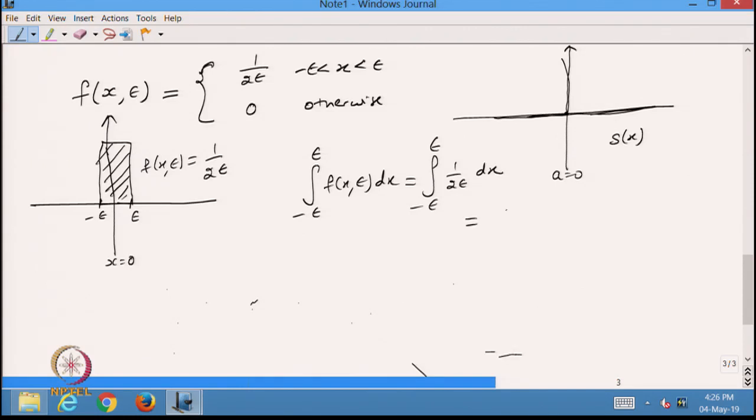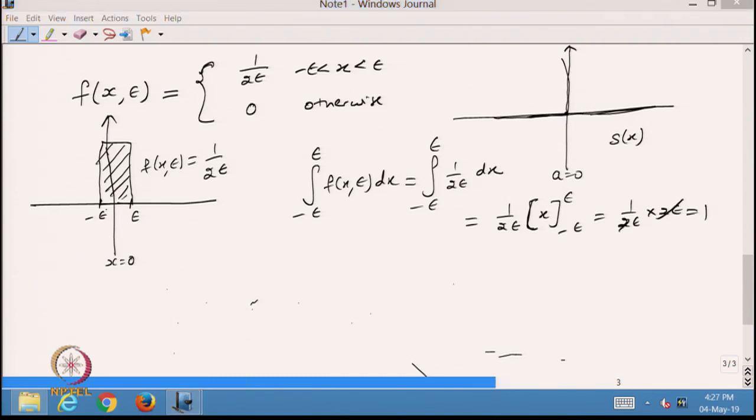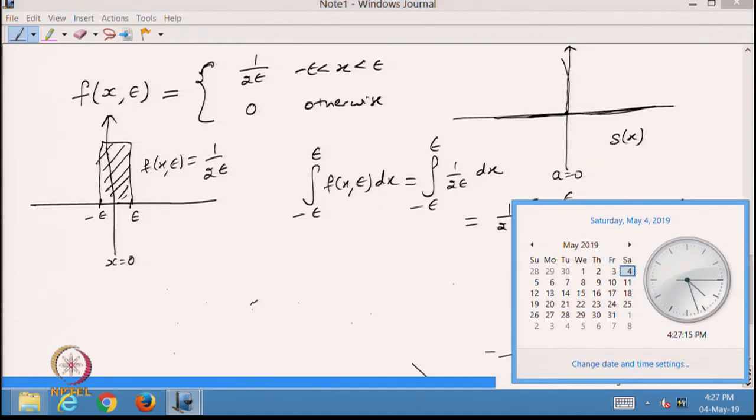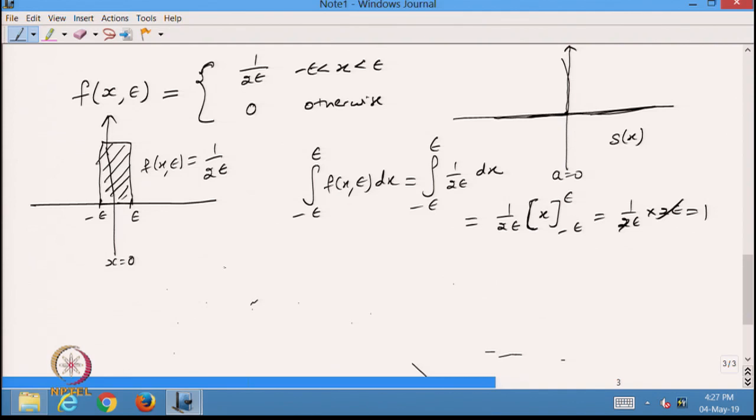So this will be 1 over 2 epsilon, and then this will be x, so it will be 2 epsilon into 1 over 2 epsilon. Its value will be 1, because in this case I have the width of length 2 epsilon and the function is 1 over 2 epsilon. So if I multiply, that value becomes 1.